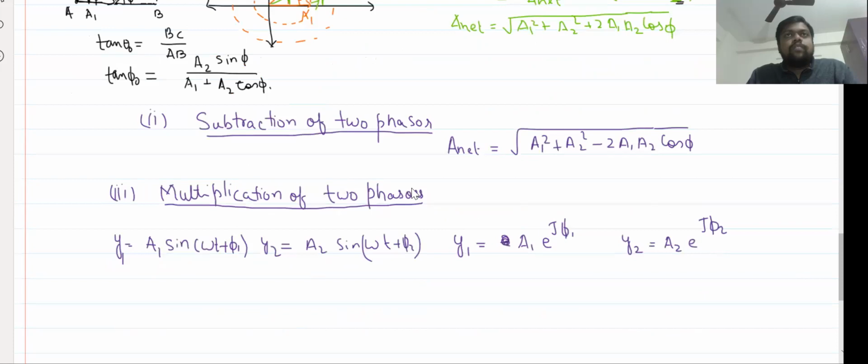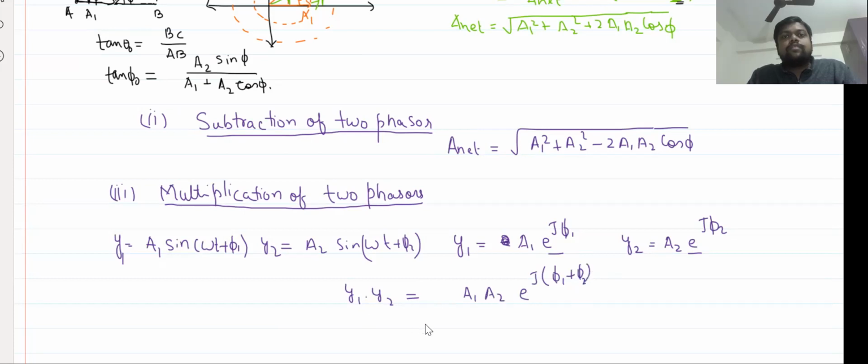Now when you multiply these two, that means y1 into y2, you will be getting A1 A2 multiplication, and e to the power, these two if you multiply, they are in exponents, so they will be just added, phi 1 plus phi 2. So this is how we have written for exponential form.